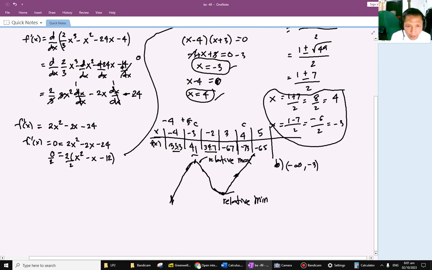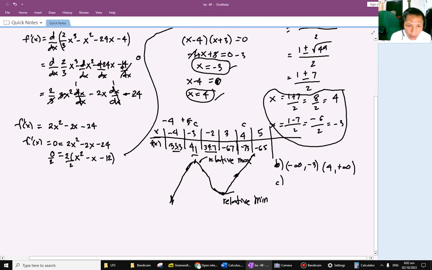Okay? So that is the open interval. We have another, since it is also increasing from 4 to infinity. So again, I have increasing from positive 4 going to positive infinity. So that is also increasing.